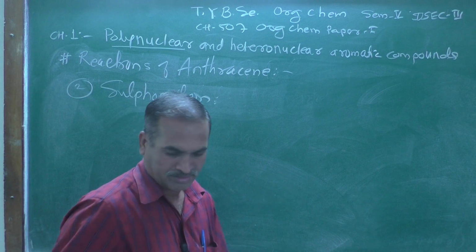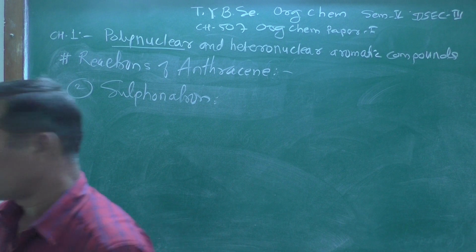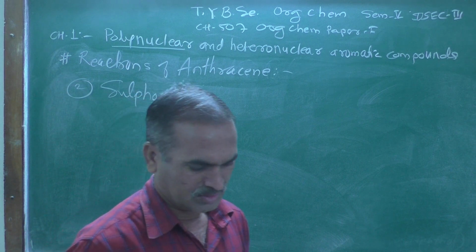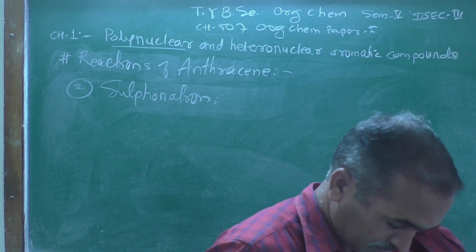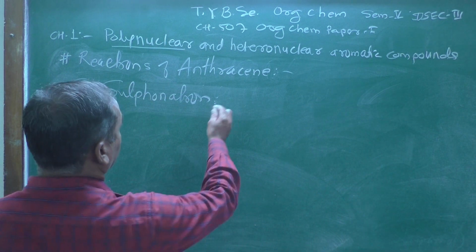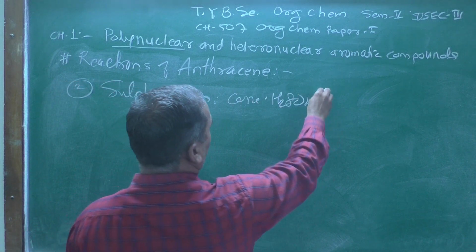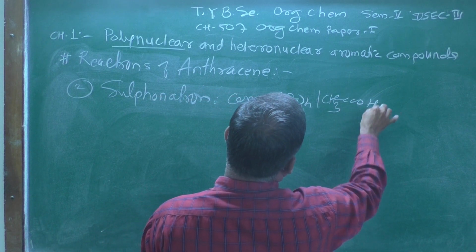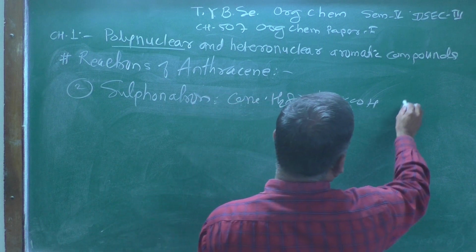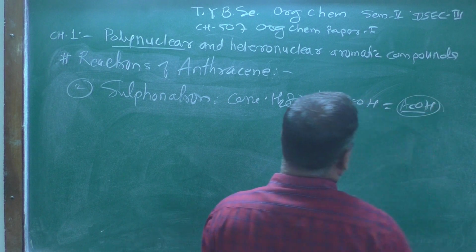For sulfonation we generally use the reagent concentrated H2SO4 in the presence of acetic acid, which we can write as CH3COOH or AcOH, either way.